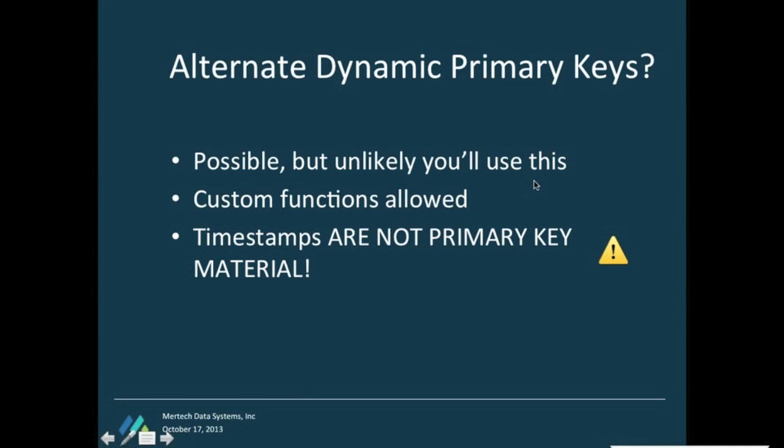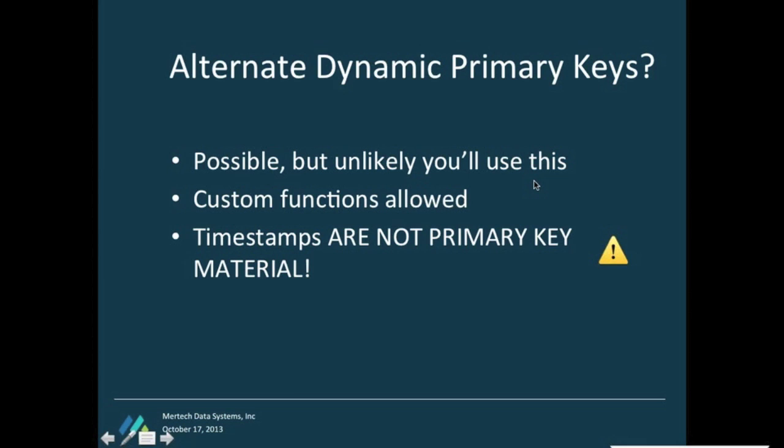Well, like I say here, it's possible, but it's unlikely you'll actually use this feature. You can put a custom function in, it works, and of course we have that support in place so that if you want custom functions for default values on other columns, you can use that now. That's a new feature that's going to be in 12.1.